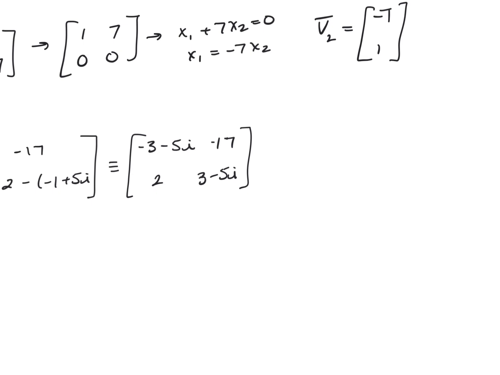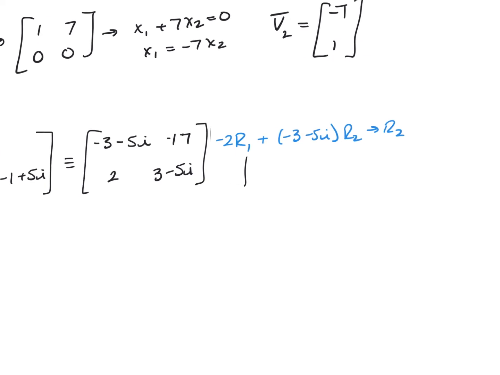What we end up with, I'm actually going to do it this time: I'm going to take negative 2 row 1 plus negative 3 minus 5i row 2 back into row 2. I just want to show you that you're going to get zeros there. When you do this, you're going to get negative 3 minus 5i minus 17.